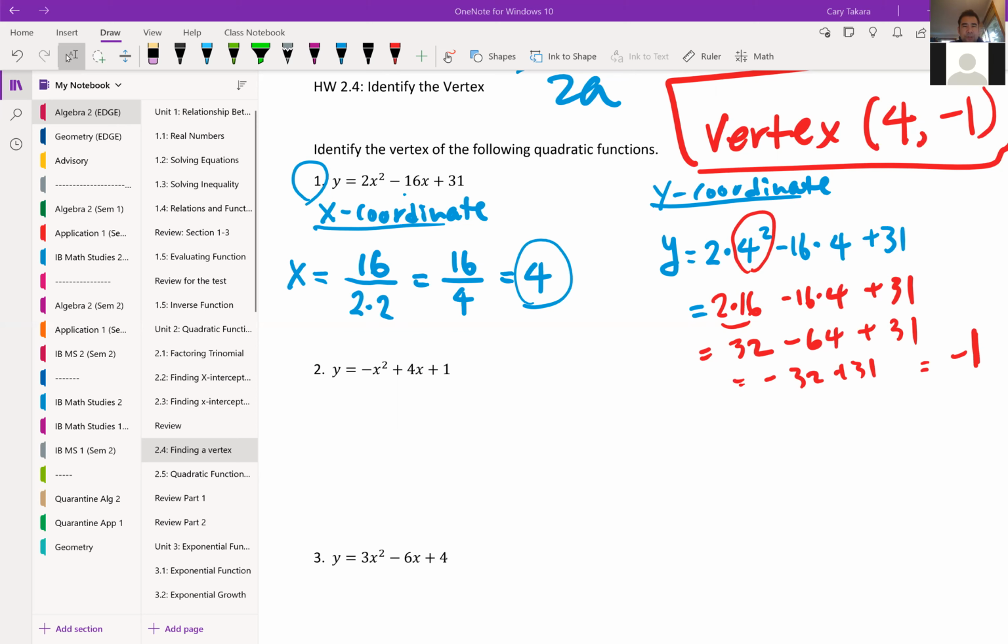Do you want to share the full coordinate, X and Y, when you're done?